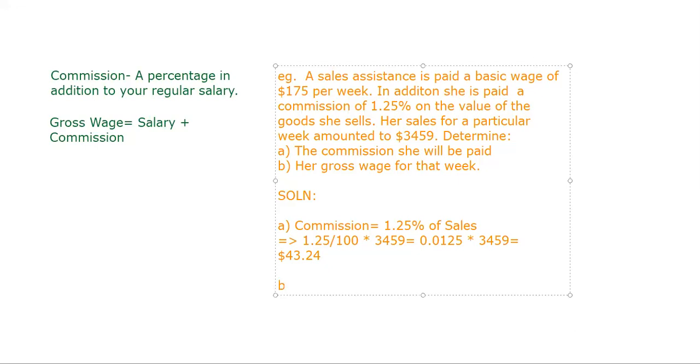And now B, her gross wage, is her wage plus her commission, which is now equal to, what's her wage?